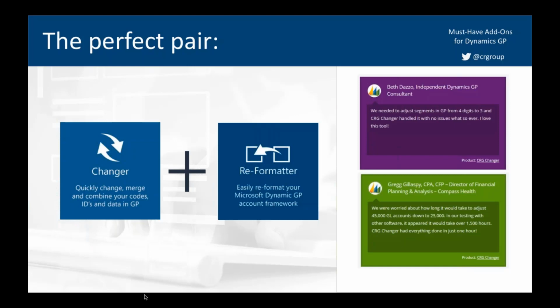You'd run the change, and after it's done, it would look like that new chart of accounts change had been in place since the beginning of time. So together, these two make a great pair. They work well together, they're often sold together, and they're often part of this indispensable rewrite of the GL.